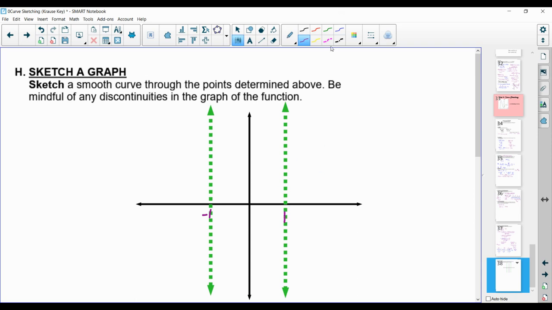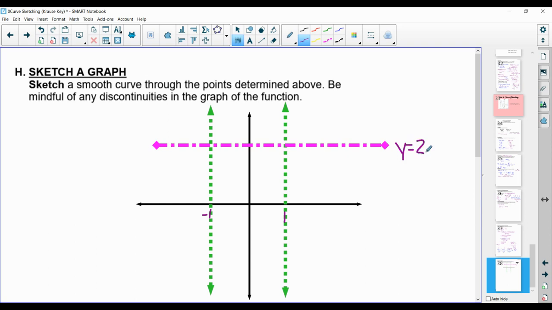We also know that we have a horizontal asymptote. If you go back into your notes, we know that we have a horizontal asymptote at x equals 2. And so you can sketch that as well. I'm just using the graphs to do that. So we have a horizontal asymptote at x equals 2. So, sorry, at y equals 2, not x equals 2. At y equals 2, we have a horizontal asymptote.